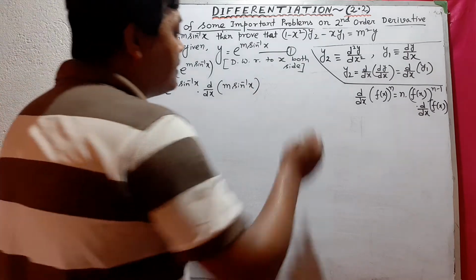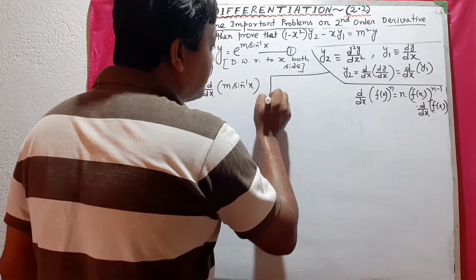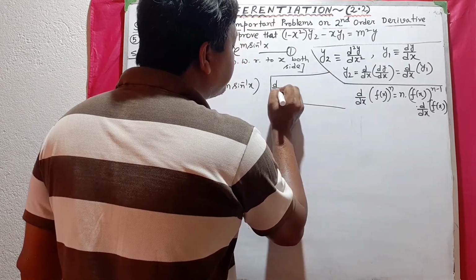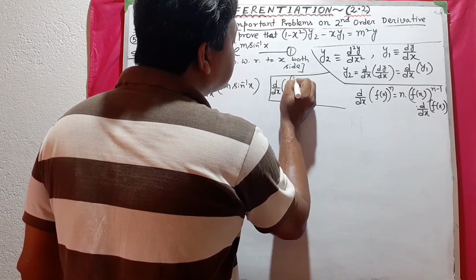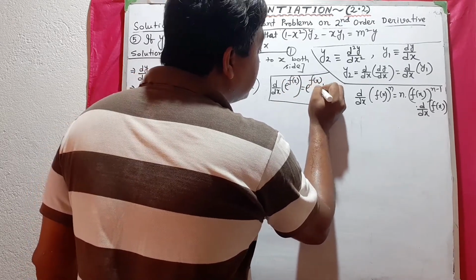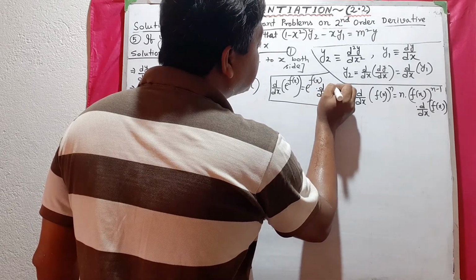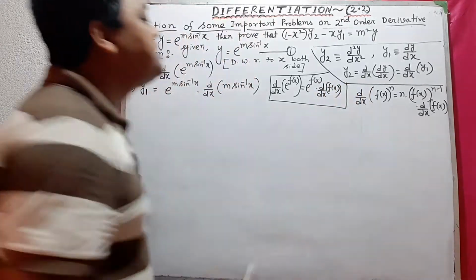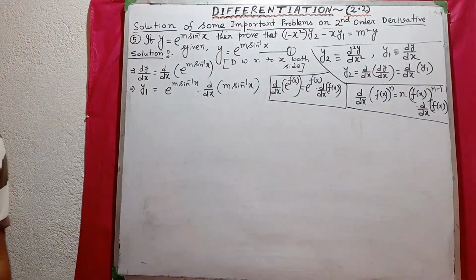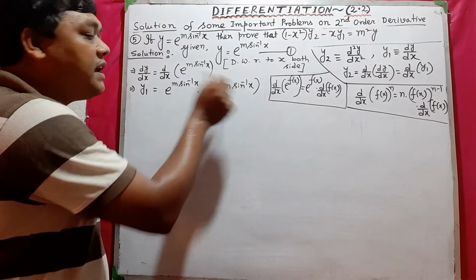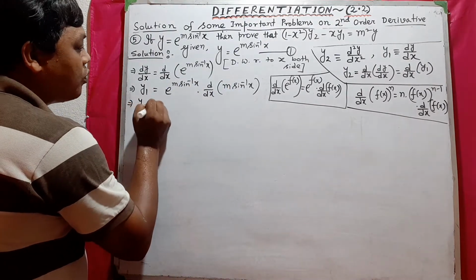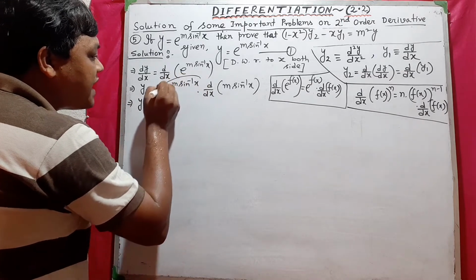দেখো আমরা এর আগে যেটা, এই পার্টে একটা করে নিই, আচ্ছা, d/dx of e to the power f(x) gives e to the power f(x) into d/dx of f(x). তাই না? এটা আমরা শিখেছি প্রিভিয়াস লেকচারে। So y1, what is e to the power m sin inverse x?